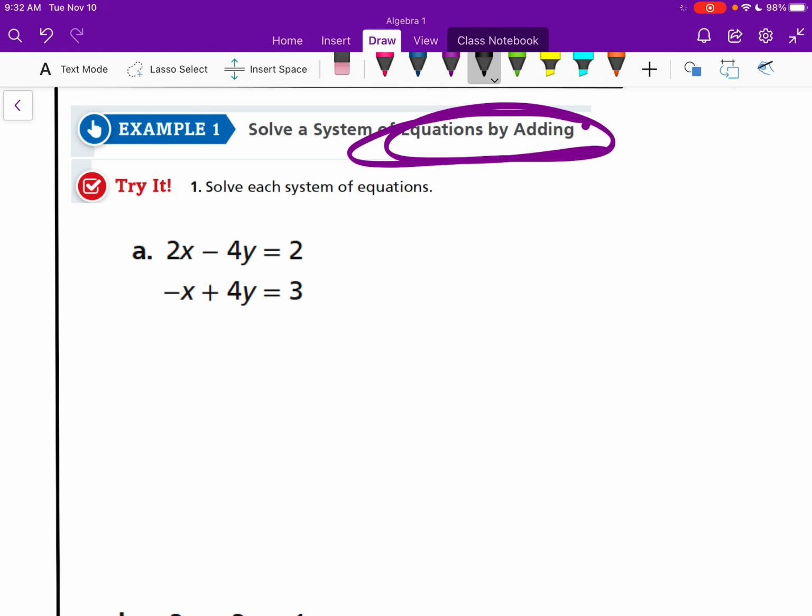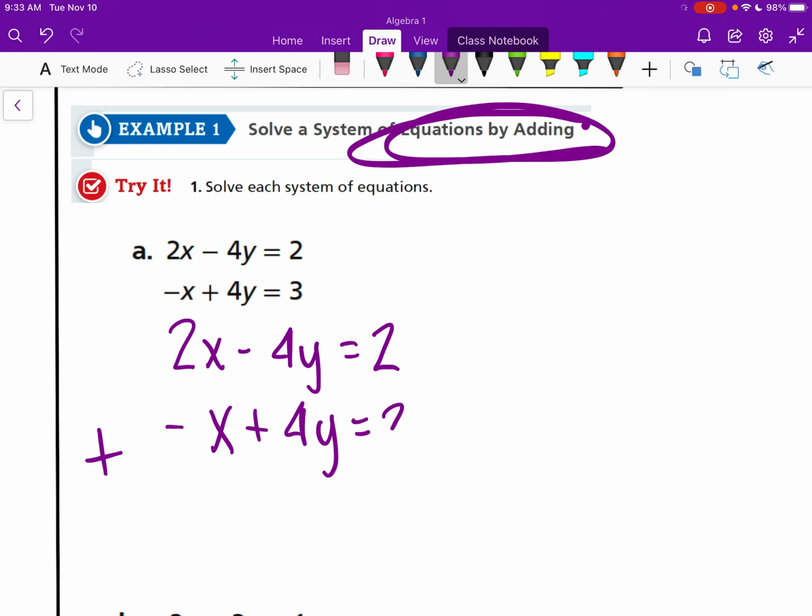We're going to add 2x minus 4y equals 2 to negative x plus 4y equals 3. We can do this because our equations are both in standard form and our variables perfectly line up. The x's are on top of the x's, the y's are on top of the y's, and the constants are together because they're both in that standard format.